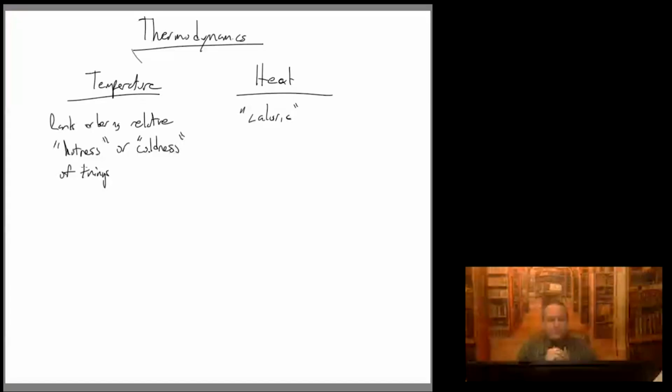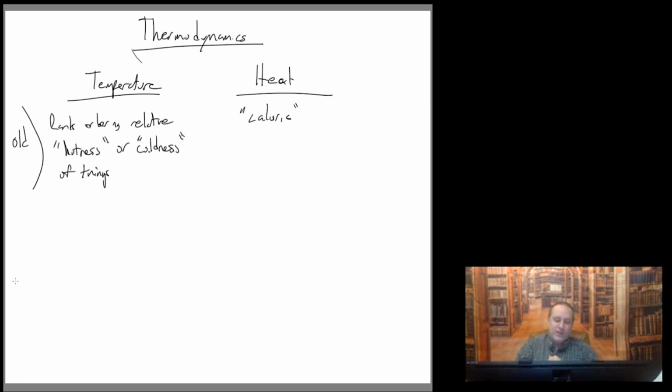So then we get a more modern understanding of temperature and heat. And now we recognize that temperature is, so this is old, and this is new. I'm going to call it new because it's really 19th century. So we're in the 21st, so it's still kind of old, but not as old.